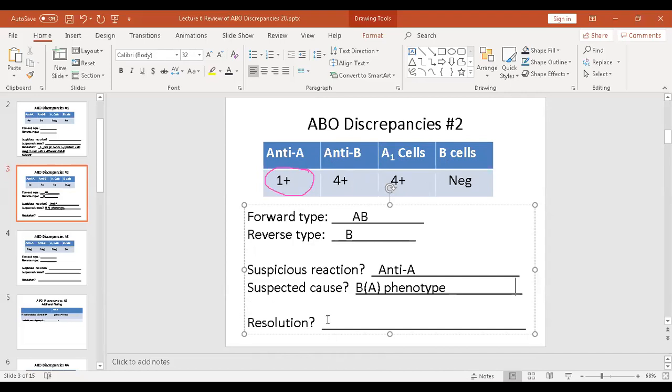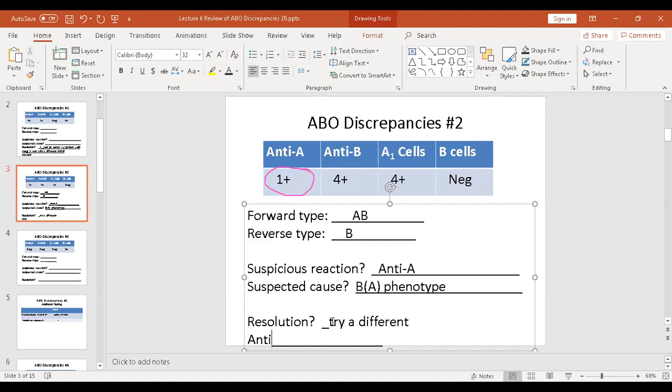So the resolution in this case is simply going to be to try a different anti-A in this case.